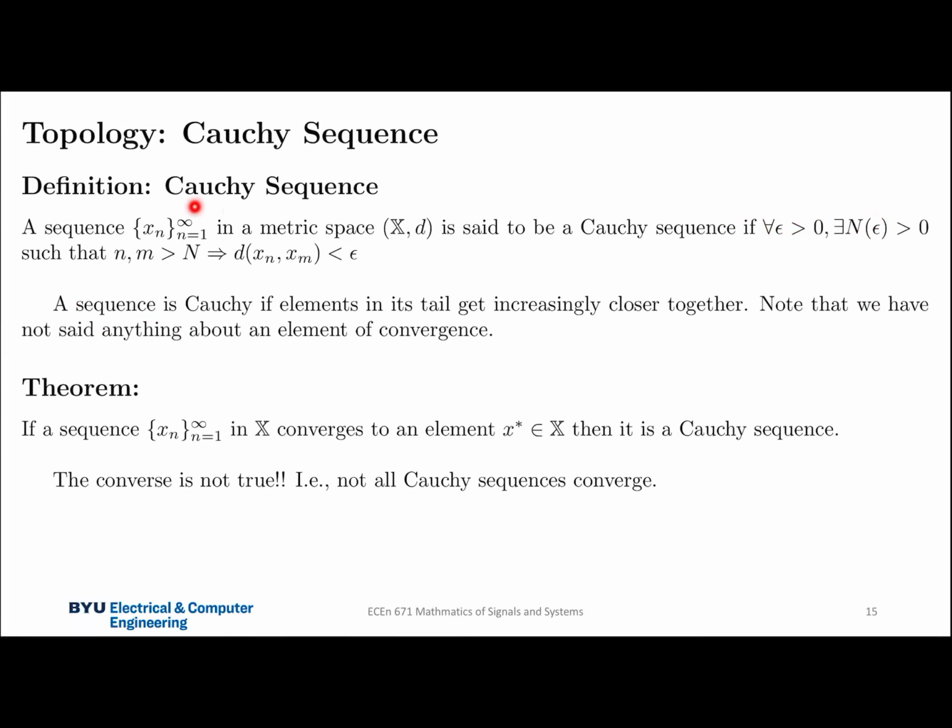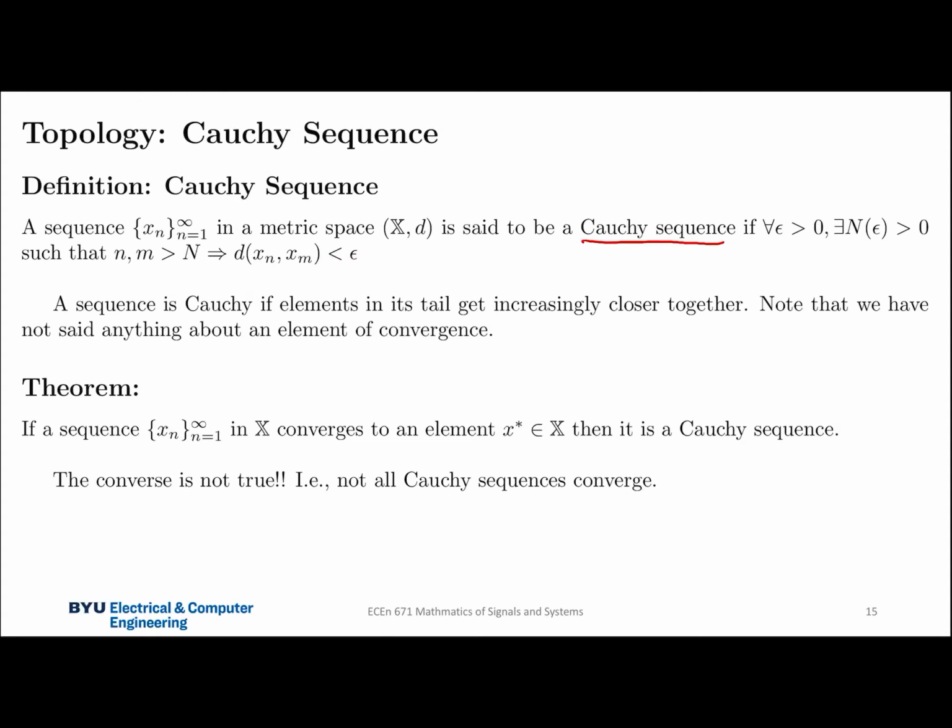So we have this sequence, x_n, n equals 0, 1 to infinity, in a metric space. It's said to be a Cauchy sequence, and this is what we're defining, if for every epsilon, there's some N, and it could be a function of epsilon, so that when little n and little m are greater than capital N, the distance between x_n and x_m is less than epsilon.